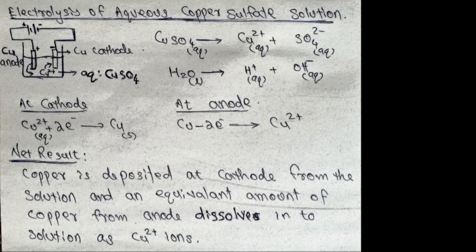That's why oxidation of copper takes place at anode. Okay. So at the same time copper will deposit at cathode. An equal amount of copper will be liberated from the copper anode. The copper anode dissolves and Cu2 plus will be released into the aqueous solution. This Cu2 plus will be deposited at cathode. Okay.